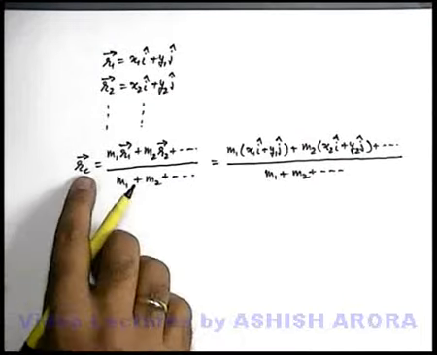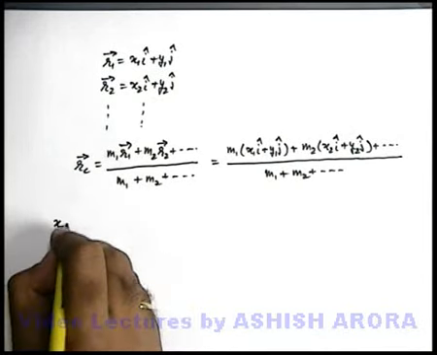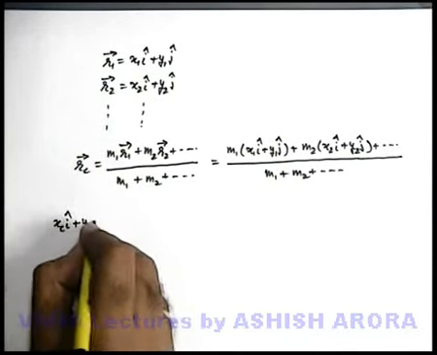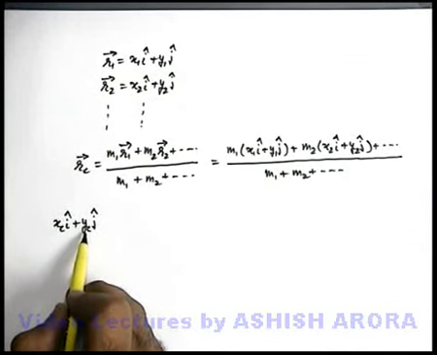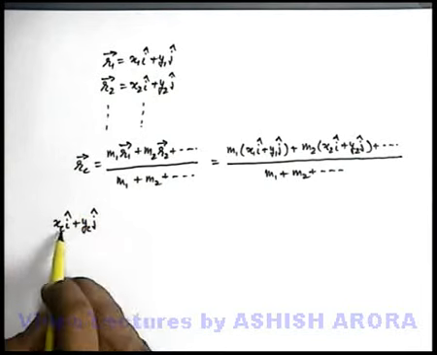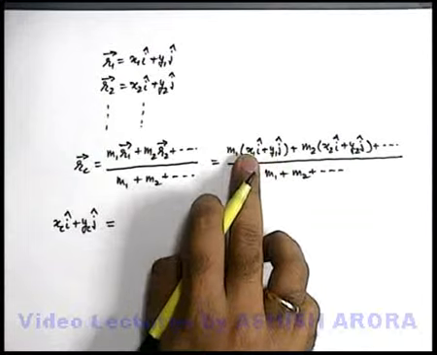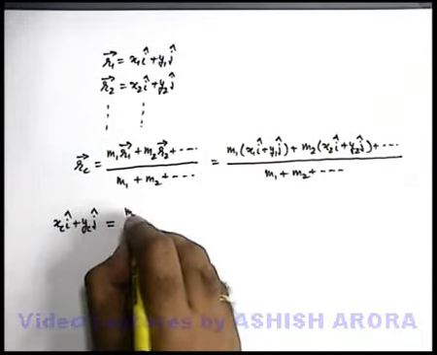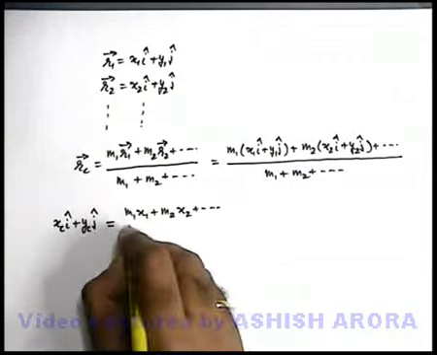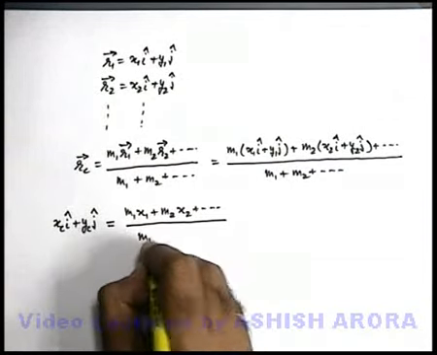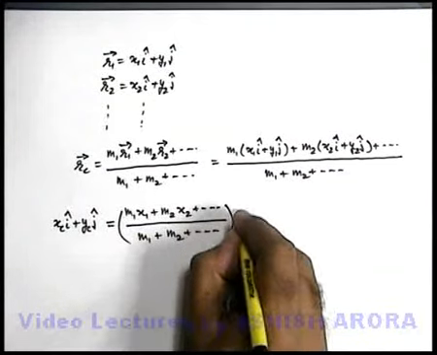Now if we rewrite the position vector of the center of mass as xc i cap plus yc j cap, where xc, yc are the coordinates of the center of mass, then rc vector can be written like this. And on the right side of the equality, we take i cap common, so this will give us (m1 x1 plus m2 x2 plus and so on upon m1 plus m2 plus for all masses) into i cap.